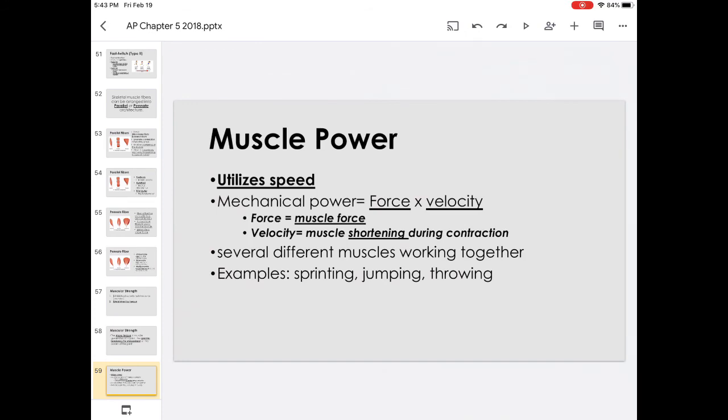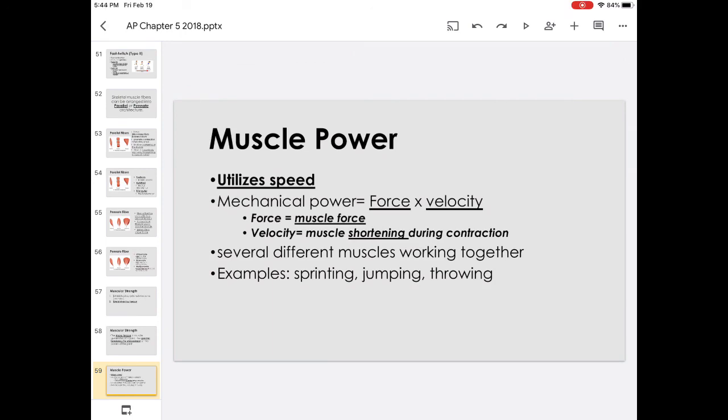So the more torque a muscle can generate at a joint, the greater the tendency for movement of the bones of that joint. Then you also have something called muscle power, which utilizes speed. So muscle power uses speed, which will equal force times velocity. A little bit of math here. When you calculate force, you're talking about the muscle force.